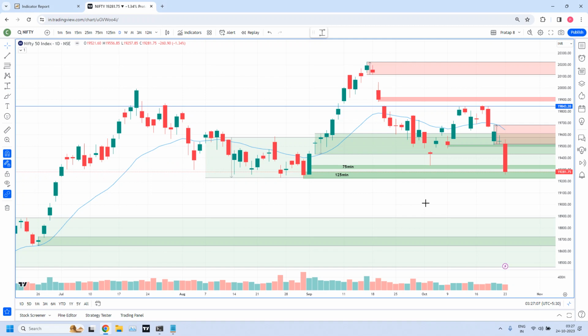The decision we are taking is based on the volumes, whether an institution is participating in that stock or not. That means volumes are used for selecting the stocks, not for selecting the trade.